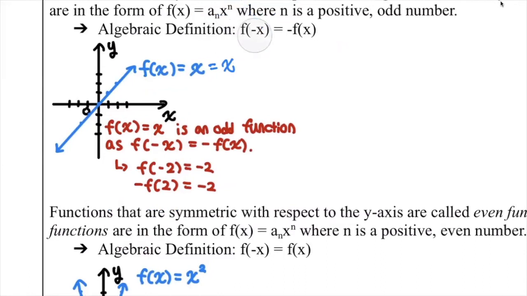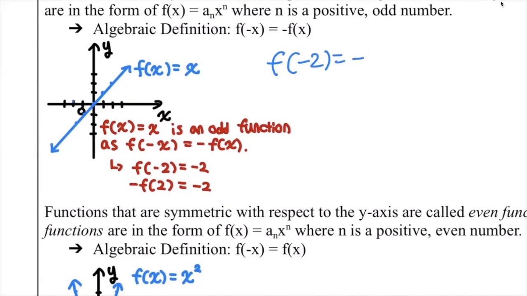An algebraic definition of an odd function is that f of negative x is equal to negative f of x. For instance, in this example, f of negative 2 is negative 2, right? Negative f of 2 is also negative 2, because f of 2 is 2, so negative f of 2 is negative 2.